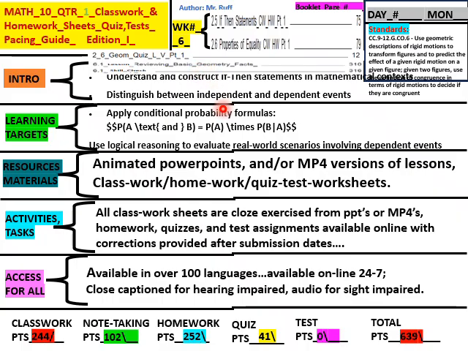And then our intro is to understand and construct if-then statements in mathematical context. Distinguish between independent and dependent events.